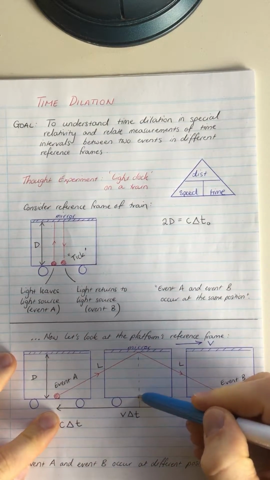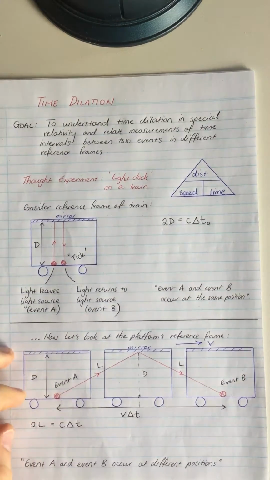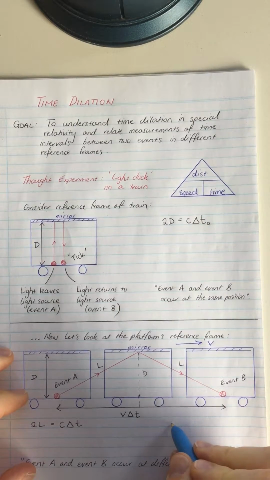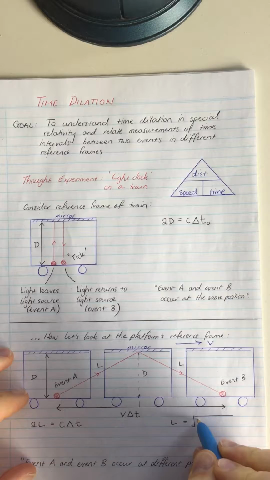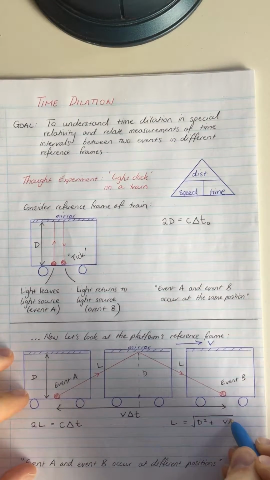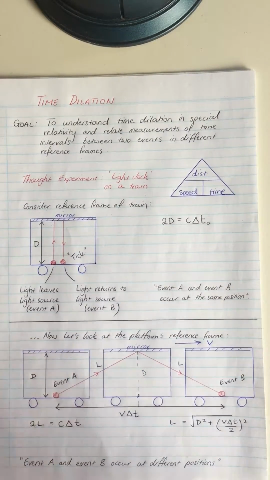From here to here is D, so that's just the height of the train. So we can therefore say that L is equal to the square root of D squared plus (V delta T divided by 2) squared.